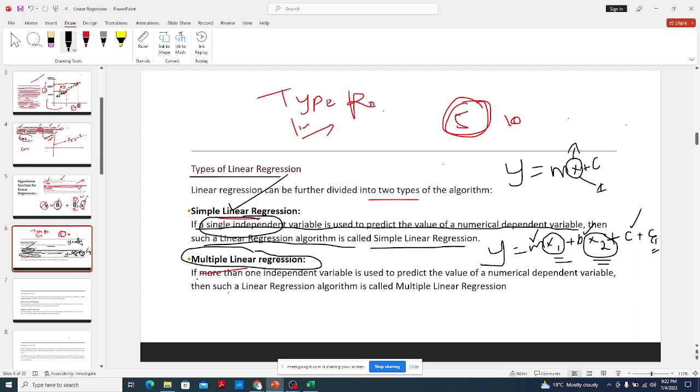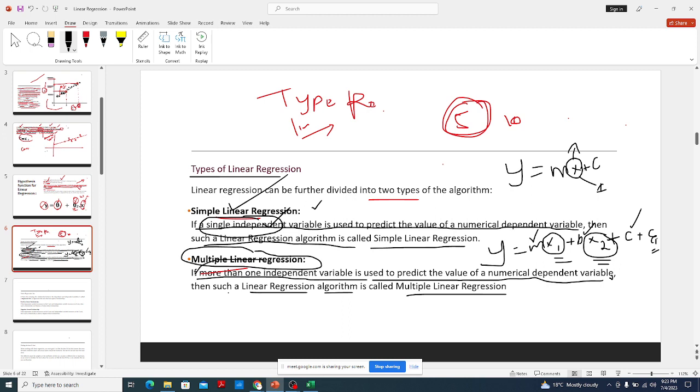If more than one independent variable is used to predict the value of a numerical dependent variable, then such a linear regression algorithm changes from simple linear regression to multiple linear regression.